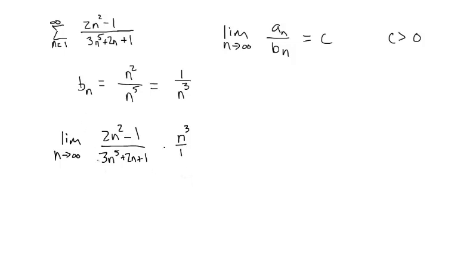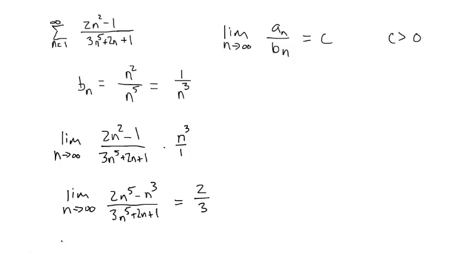And now, if we were to multiply these two together, we have the limit as n goes to infinity of 2n to the fifth minus n cubed divided by 3n to the fifth plus 2n plus 1. So our limit here is equal to 2/3. And since 2/3 is greater than 0, we know that this is convergent.